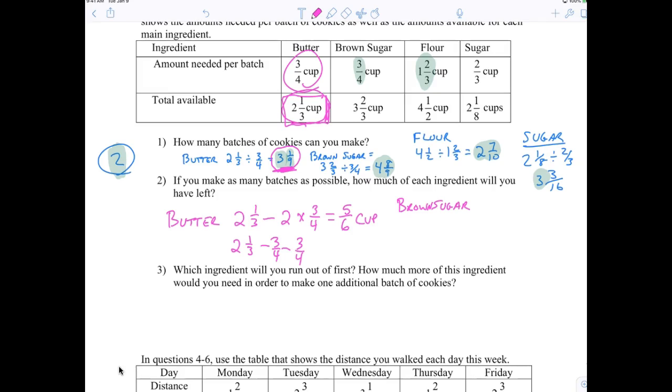You do 3 2/3, yes. Perfect. There we go: 3 2/3 minus 2 times 3/4.